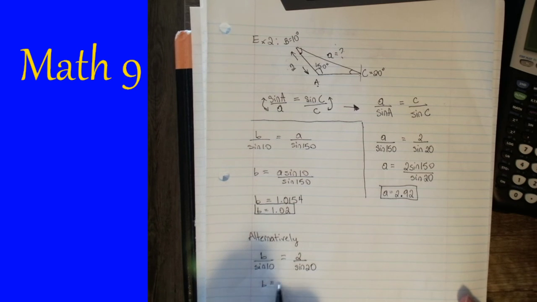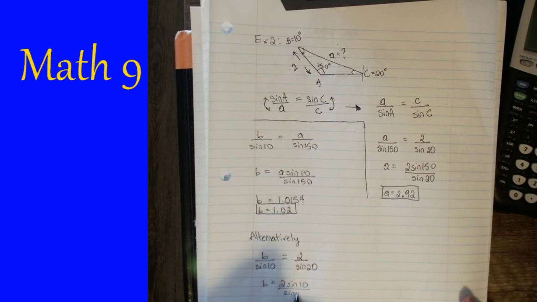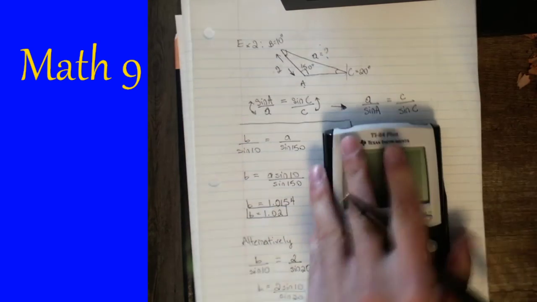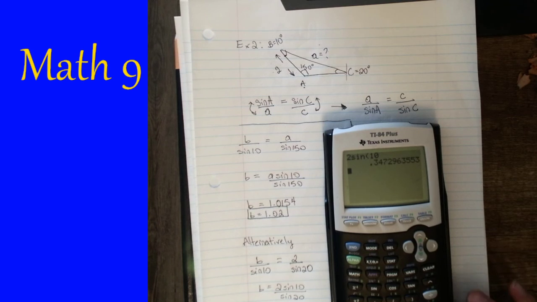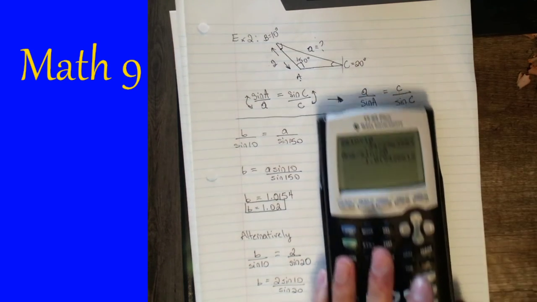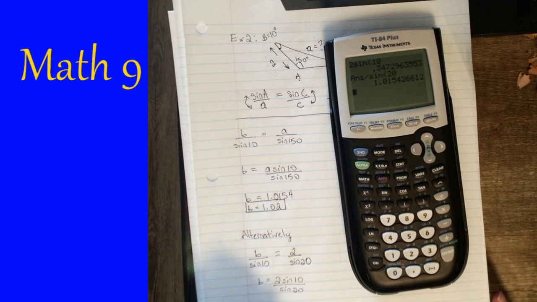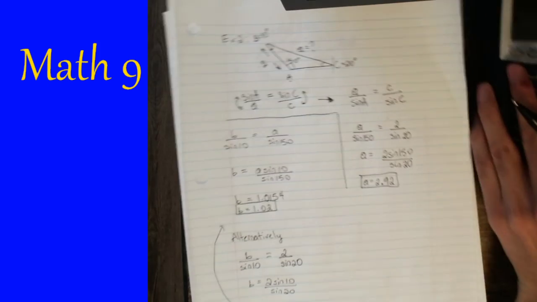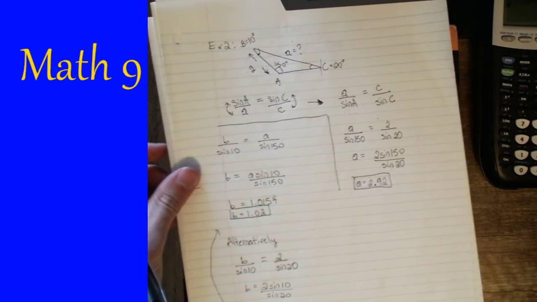When we solve for this, we do 2 sine 10 divided by sine 20, and we get the same answer. So that equivalency holds true. 1.0154, so that's that same decimal number. So you can use either way. There's often lots of different ways to solve when we're using the sine law and the cosine law.